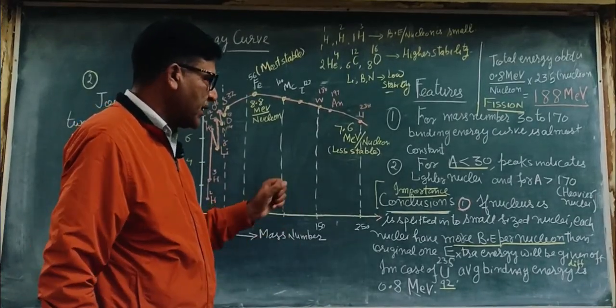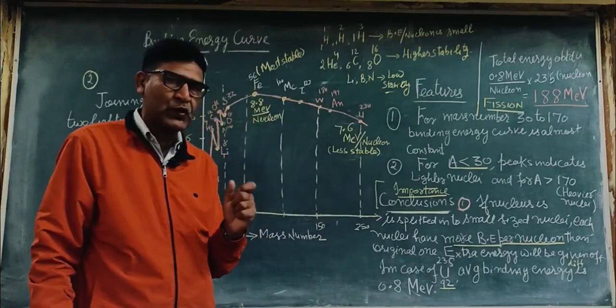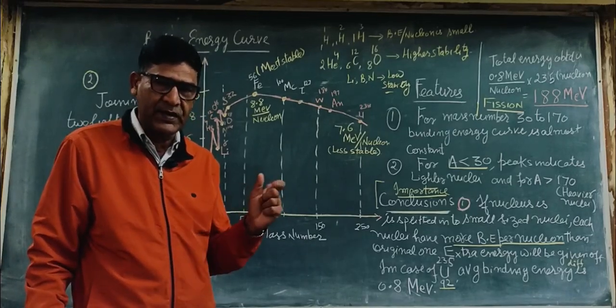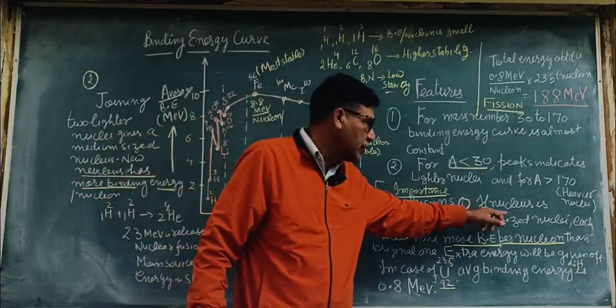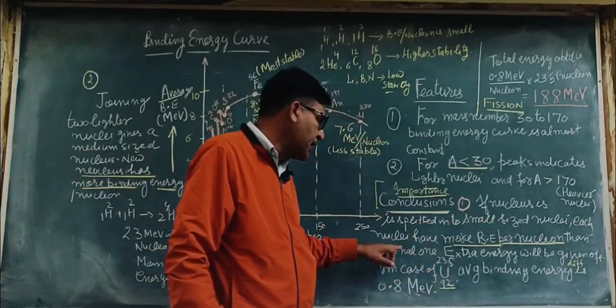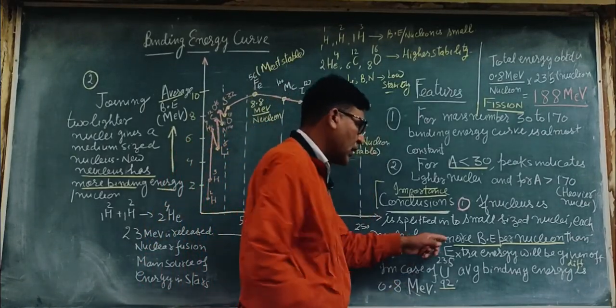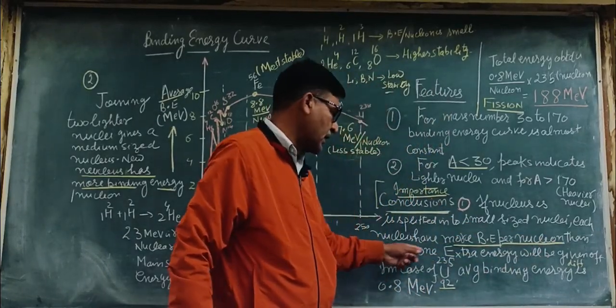So the important conclusion number one, listen very carefully. Most of the students do not understand it very easily, but I will make it very easy. If somehow the nucleus is split into small size nuclei, each nucleus will have more binding energy per nucleon than the original one.